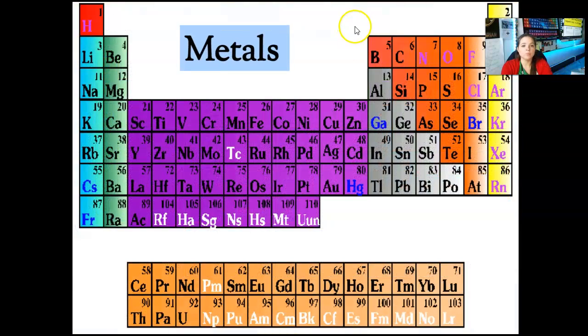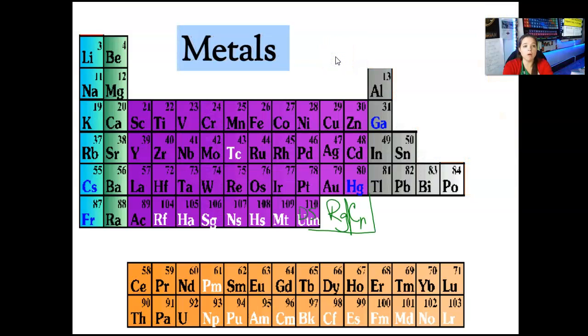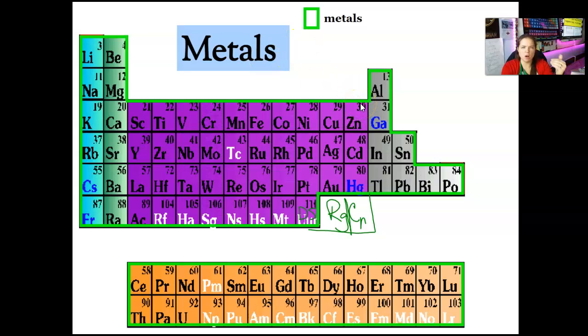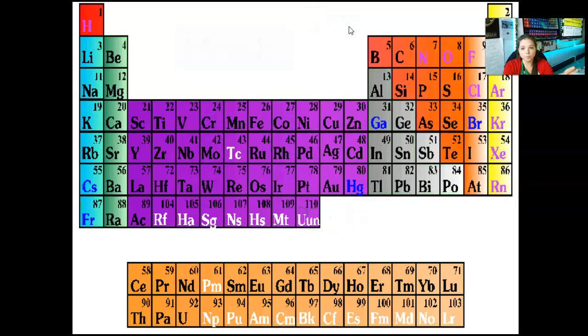All right. Okay, so now we're going to look at metals. And here are all the metals. What I would like you to do is highlight, just do an outline with a line on the metals. And yeah, you can go down for the lanthanides and actinides right there. So you're going to do all of them, and you're going to just not highlight, but outline it with a light green, and label it metals.